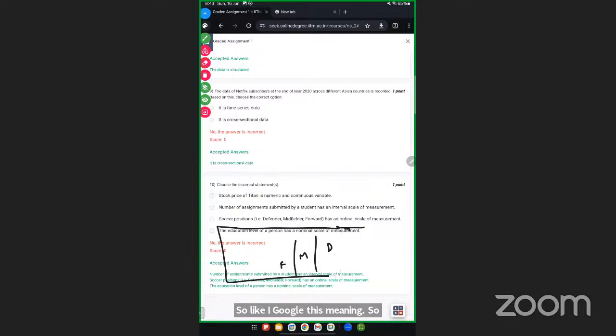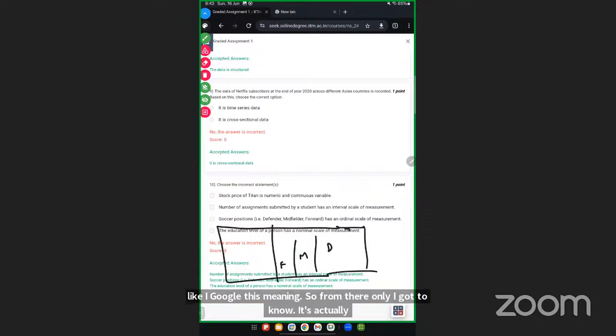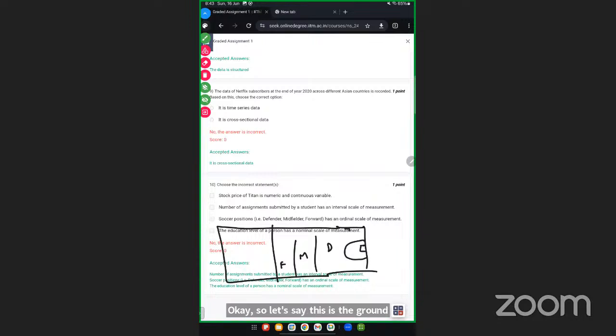So this is the ground, this is the half, this is the goal post, right? The forwards stand here somewhere, the midfielders are there, and the defenders are like this, and here is the goalkeeper.